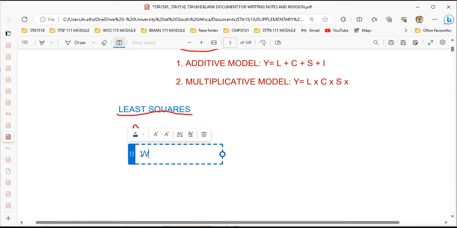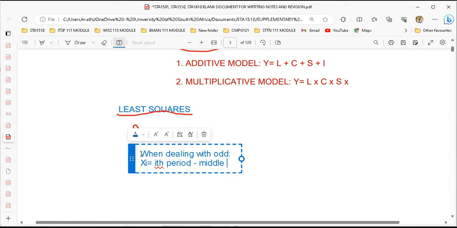When dealing with odd, this is how you find the number of periods. You say Xi is equal to the ith period, and then minus the middle period.